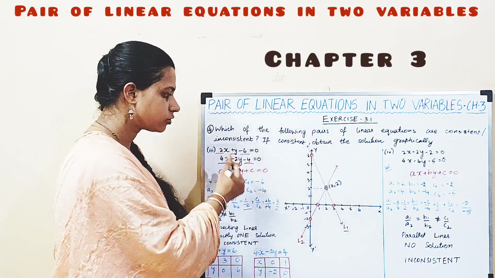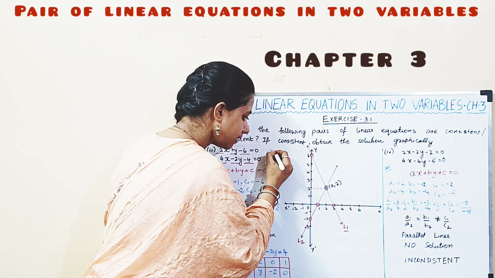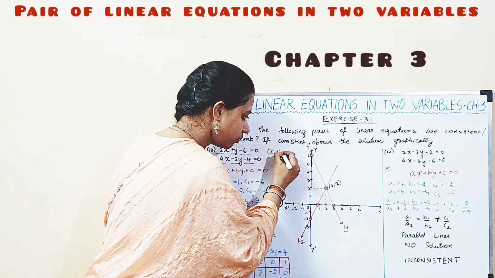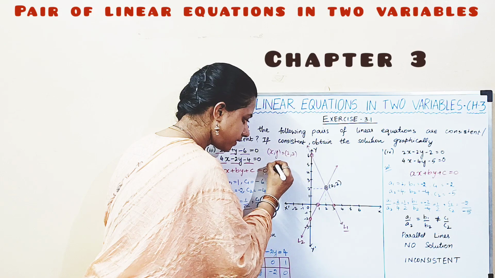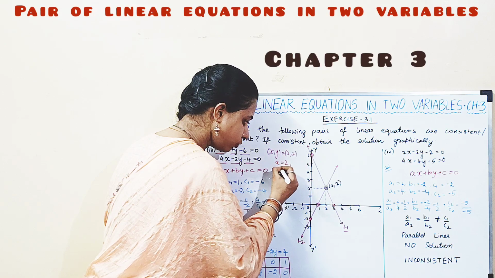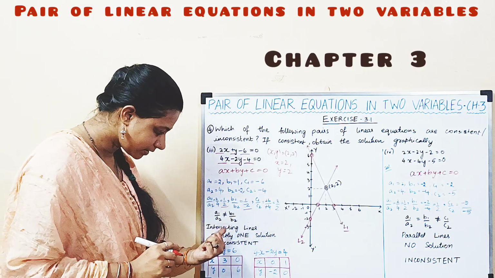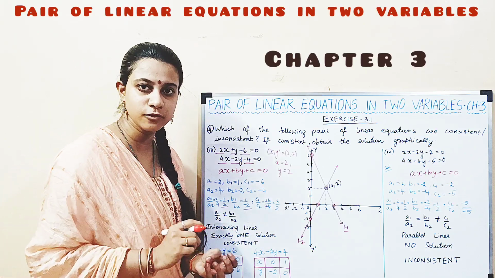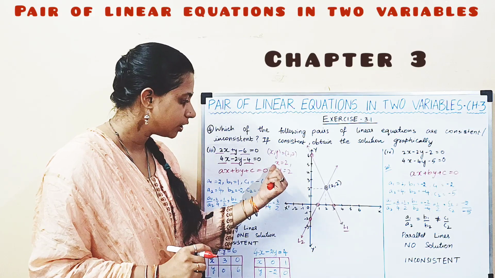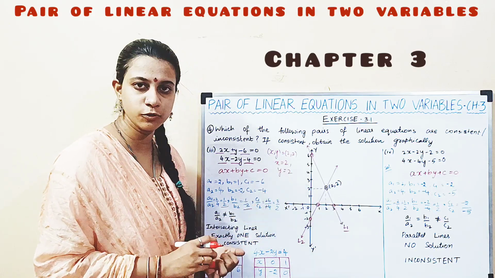So the solution for these two equations is x, y is equal to 2, 2, or we can specifically say x equal to 2 and y is equal to 2. Here we have got it as intersecting lines, so exactly one solution or unique solution exists, which is x equal to 2 and y equal to 2.